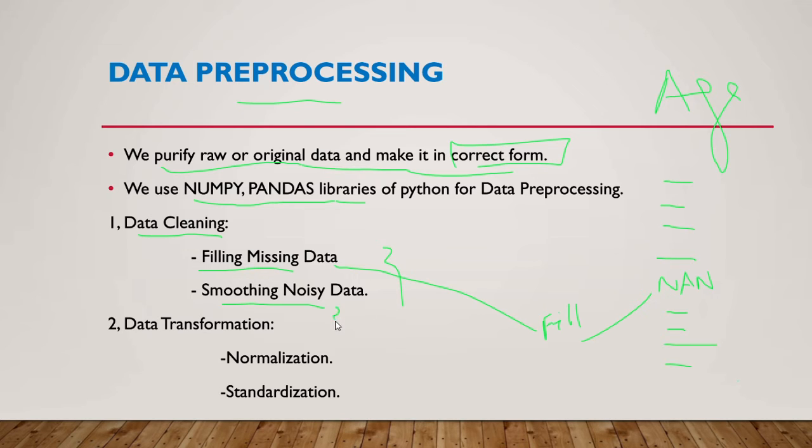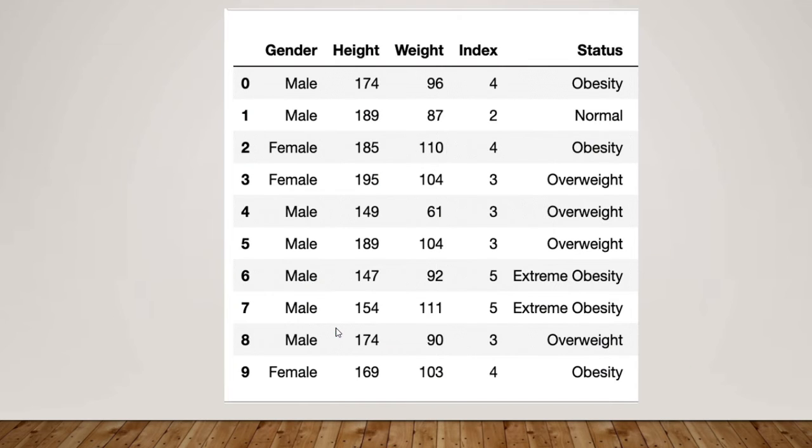So guys, what is smoothing noisy data? We will understand this with the help of an example. Here I have an example of BMI, which is body mass index. I have to calculate the status of a person, like obesity: the person has obesity, or is normal, or overweight, or underweight. So I have to calculate this. I can calculate my status only with the help of these four variables, or you can say features.